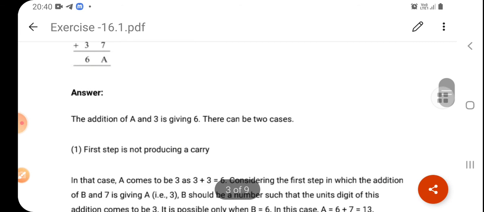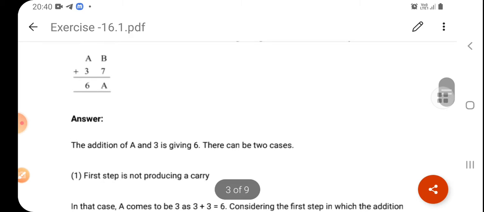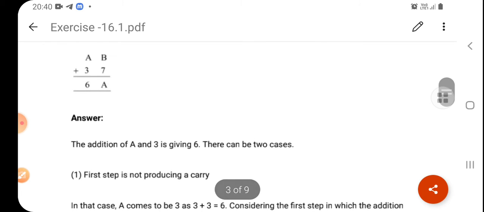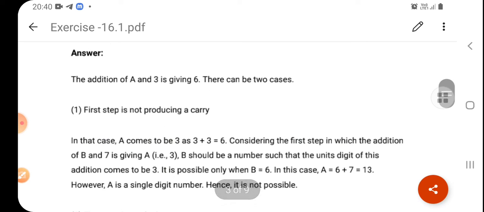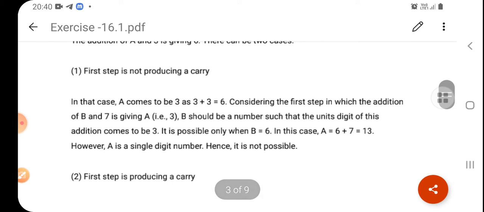So there can be two cases. First, the first step is not producing any carry. If there is no carry, then A becomes 3 plus 3 equal to 6. Okay, but it is not possible.